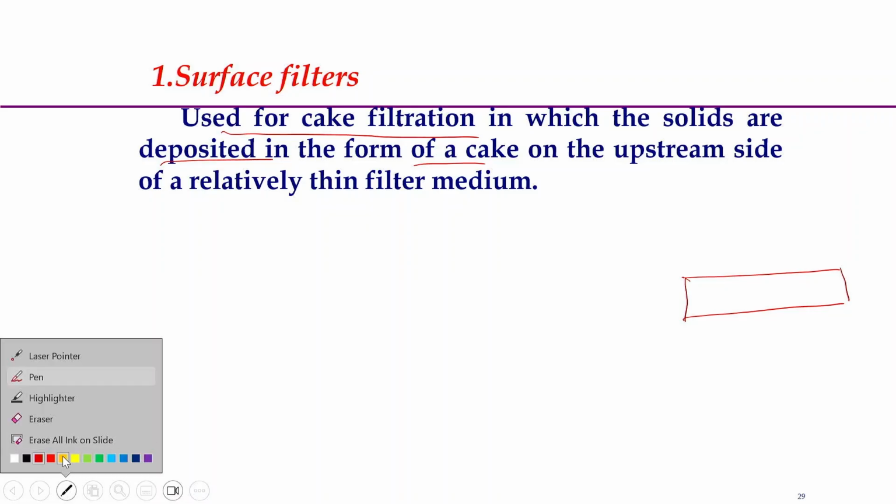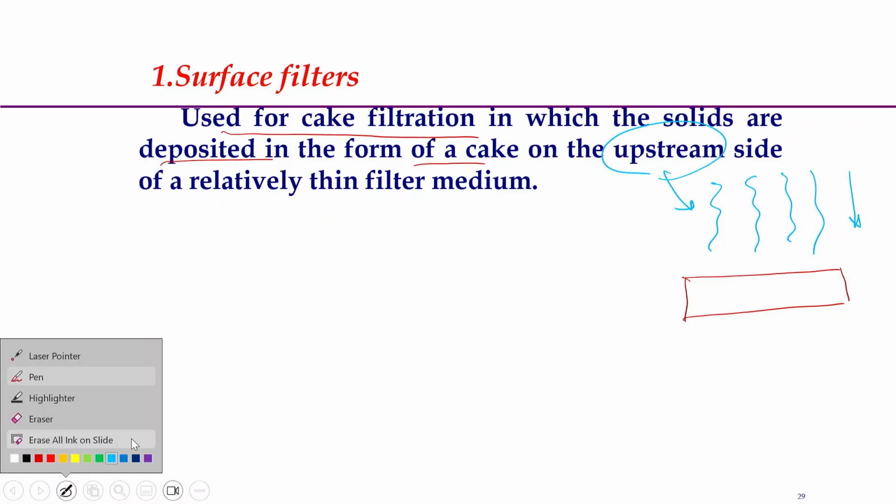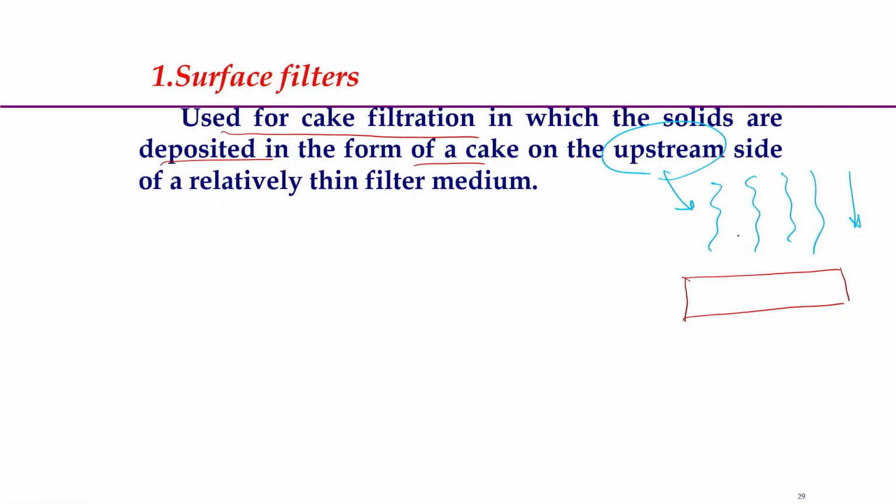Now, the air stream is coming, this is the upstream side, and the air stream is carrying solid particles. There may be very small particles, and may be large particles.